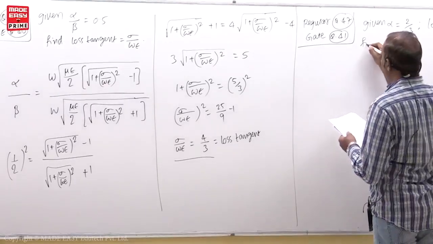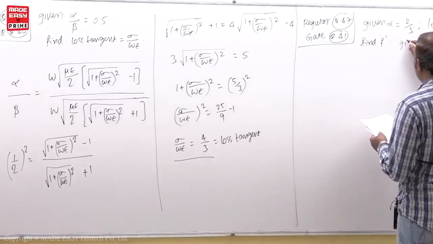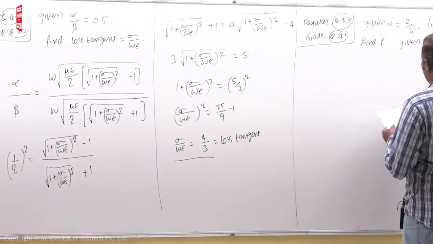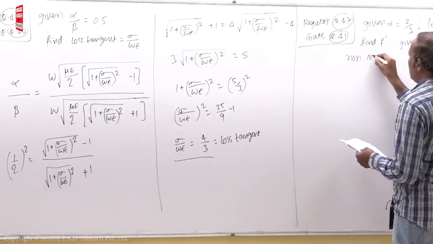Find f, the frequency, and it is also given epsilon r is equal to 1 and a non-magnetic medium.